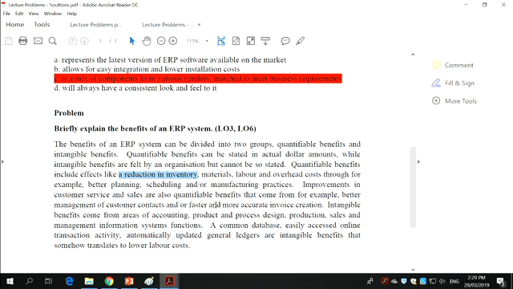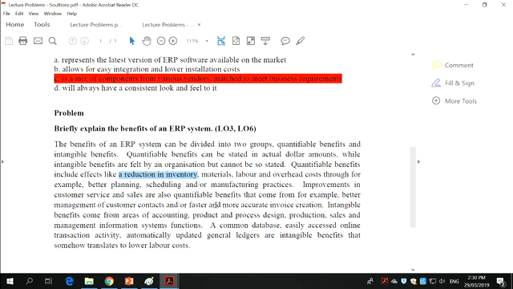So what the company can do is, before they implement the system, they can send someone to the warehouse and count how much inventory can't be sold but is still in the warehouse. And after implementing the ERP system, they do another check and compare the difference. So then they can get a number. So that's one quantifiable benefit.